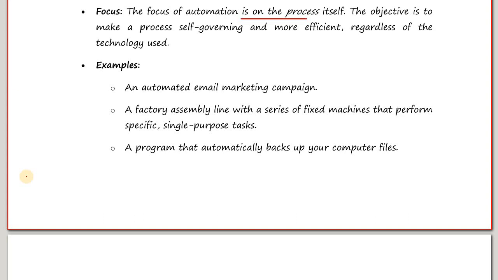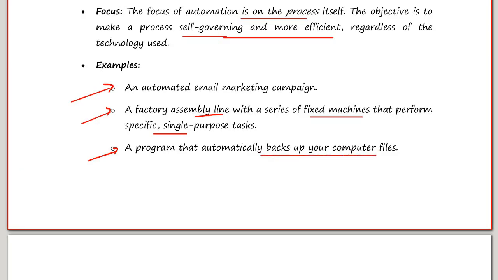Here, the objective is to make a process self-governing and more efficient regardless of the technology used. So, some of the examples are an automated email marketing campaign. Another one is a factory assembly line with a series of fixed machines that perform specific single-purpose tasks. Another example is a program that automatically backs up your computer files.